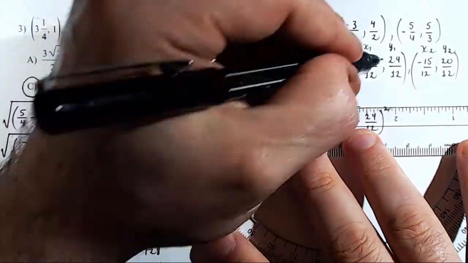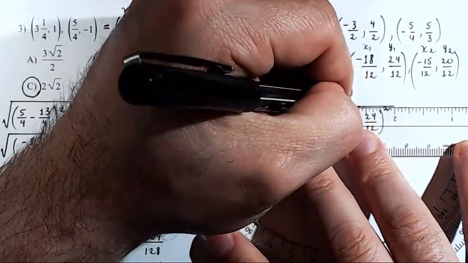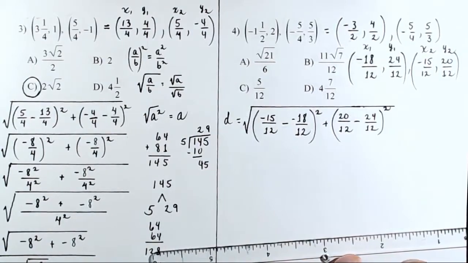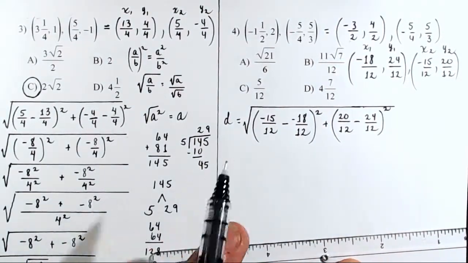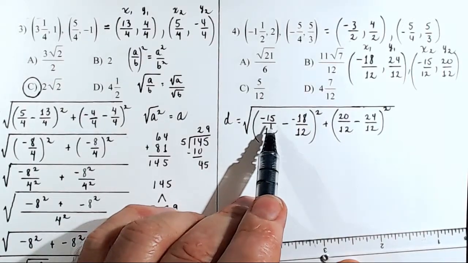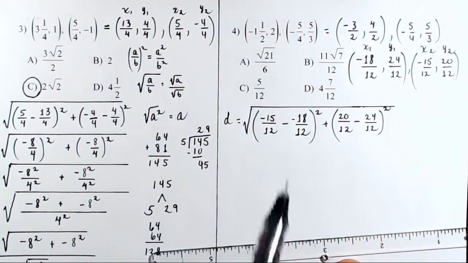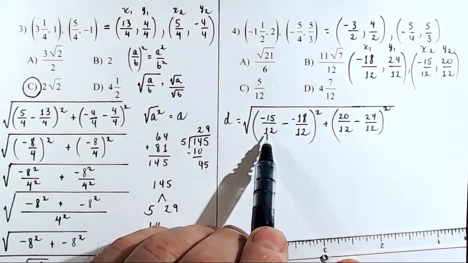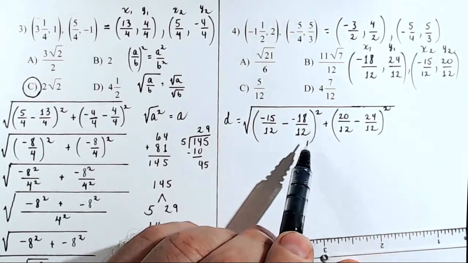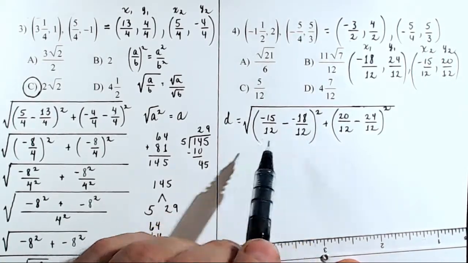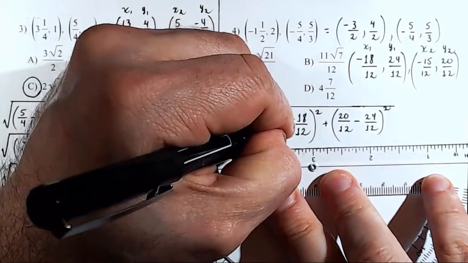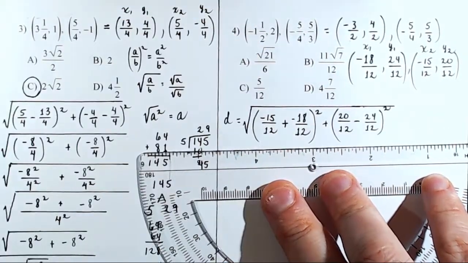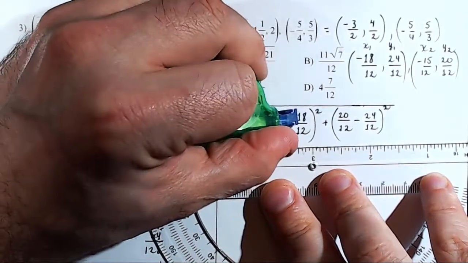Okay, so we'll extend this out. Well, now that we've got common denominators everywhere, we're going to be able to go ahead and work with this. Now, right here, I've got negative 15 twelfths minus negative 18 twelfths. Negative negative is a positive, so this is really a plus symbol, and this little negative sign can go away.